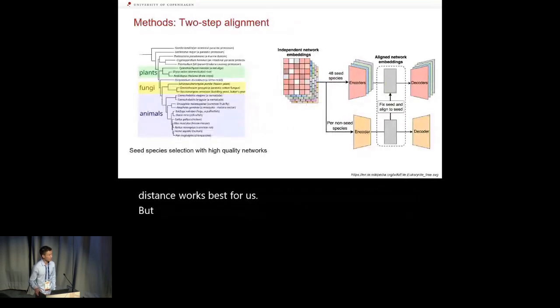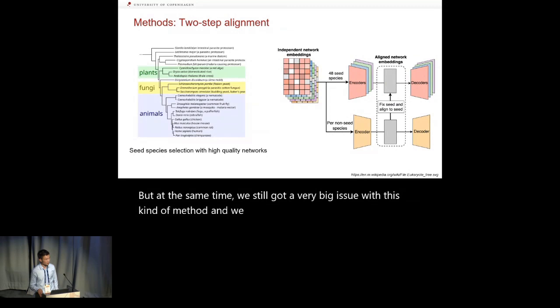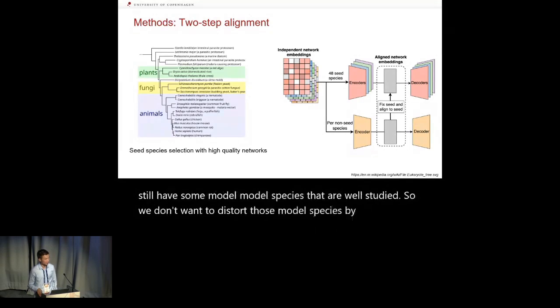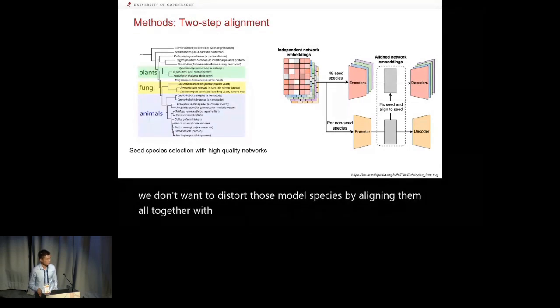But at the same time, we still got a very big issue with this kind of method. We have more than 1,000 eukaryotic species, and many of them are not well studied. But we still have some model species that are well studied. So we don't want to distort those model species by aligning them all together with those not well studied species.